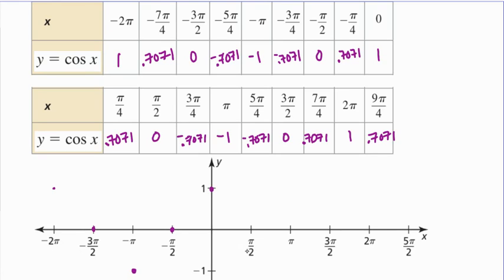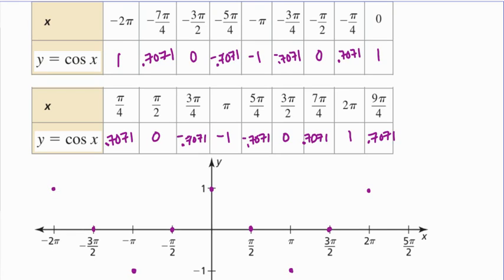When x is pi over 2, the y value is 0. When x is pi, the y value is negative 1. When x is 3 pi over 2, the y value is 0. When x is 2 pi, the y value is 1.